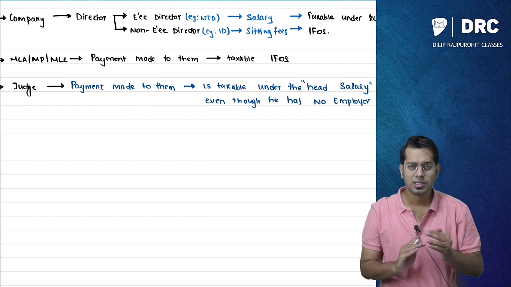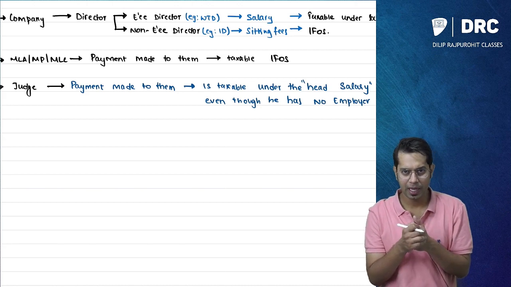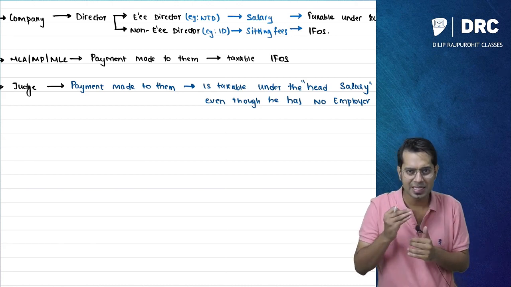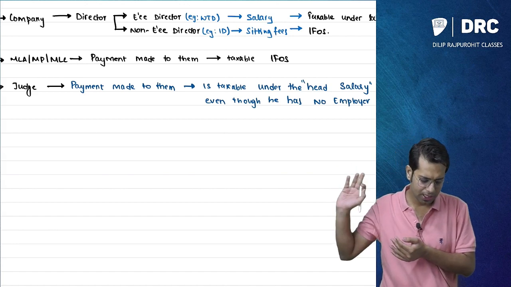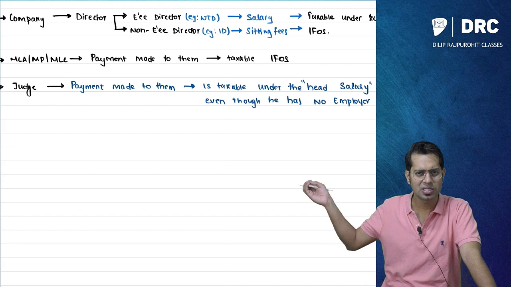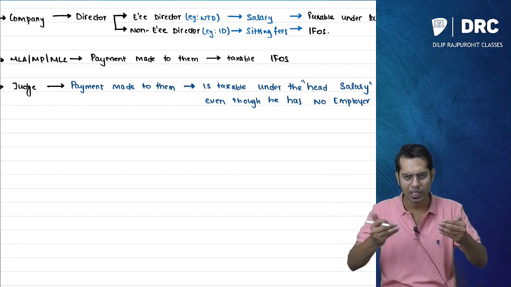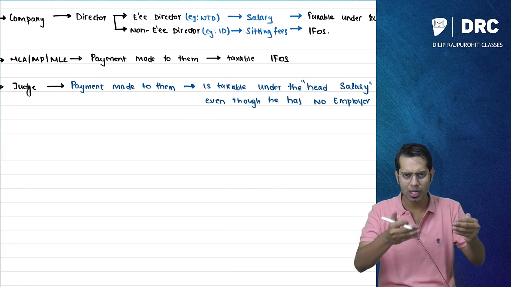Please note, there should be an employer-employee relationship, correct? So there should be a master-servant relationship. Now tell me, will a judge make his decision based on some person's opinion? Don't you think a judge is going to hear different cases?